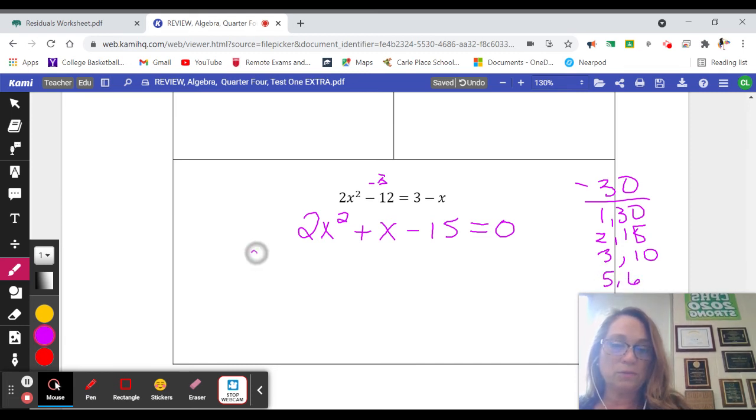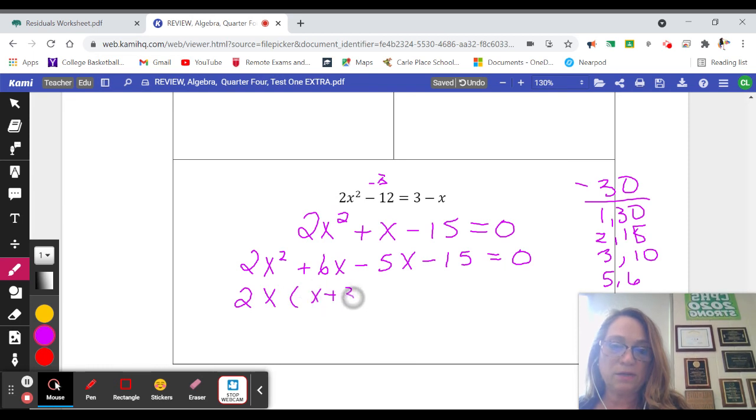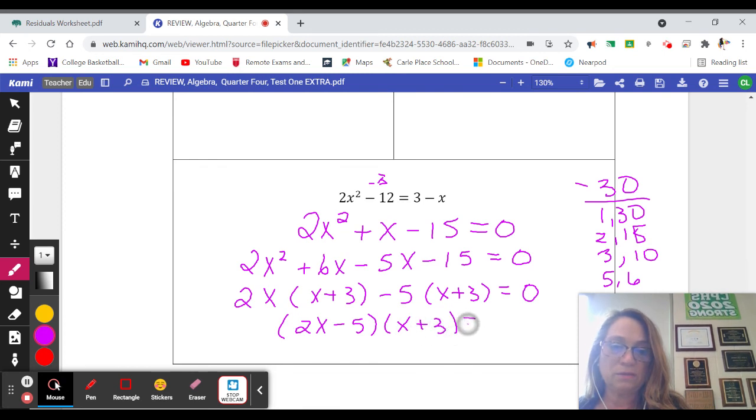Okay, so 2x squared plus 6x minus 5x minus 15 equals 0. 2x and (x plus 3) minus 5 and (x plus 3). So (2x minus 5)(x plus 3) equals 0.